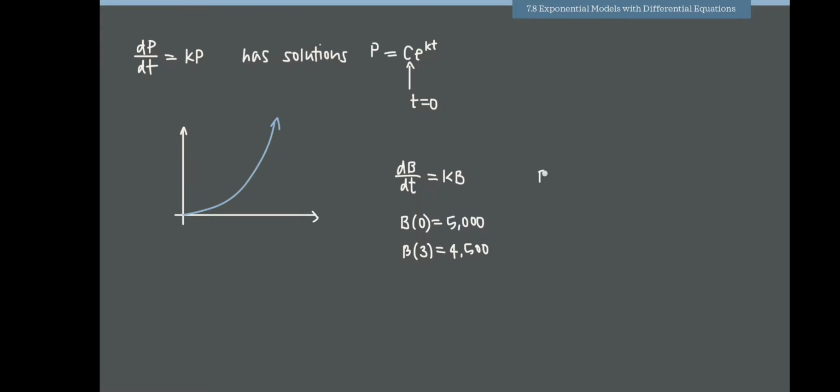Well, we could solve this step by step as a separable differential equation, but we already know the solution is going to be B = Ce^(kt). We know C is equal to 5,000 because we're told that at time 0, B is 5,000, but we could solve for that.